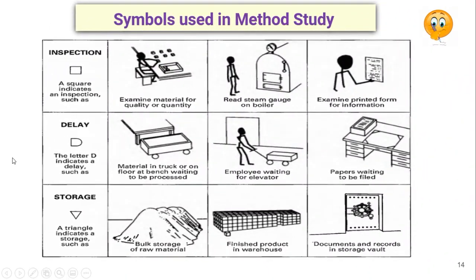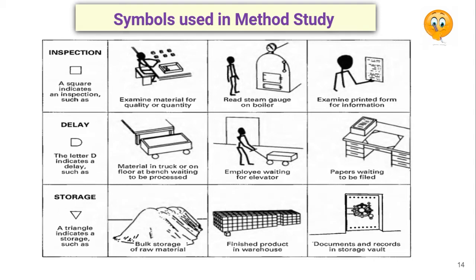Inspection occurs when an object is examined and compared with a standard for quality and quantity. Examples are visual observation for finish, counting the quantity of incoming material, and checking the dimensions. Such kinds of activity are carried out.